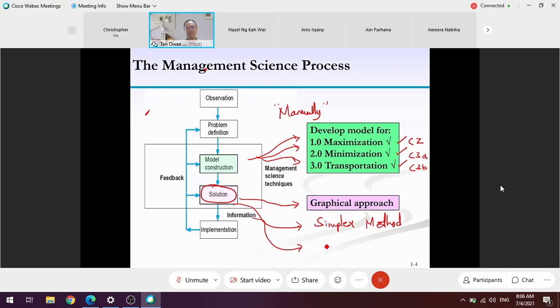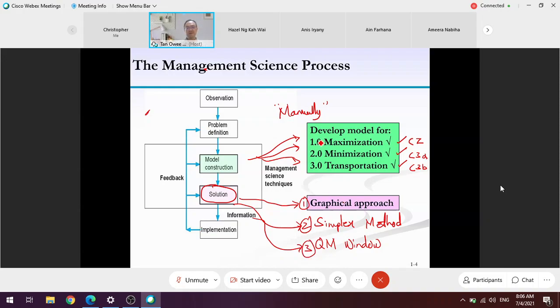There are many types of software that you can use. In our class, we're going to use software called QM for Windows. So there are three methods, which I call methods 1, 2, 3.